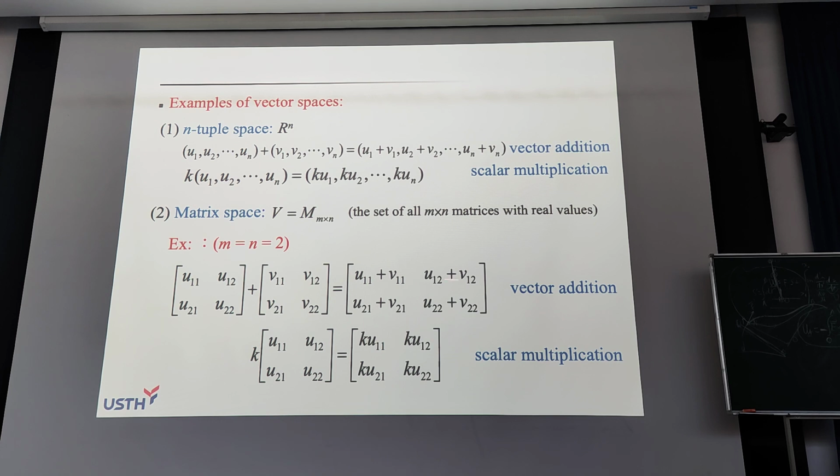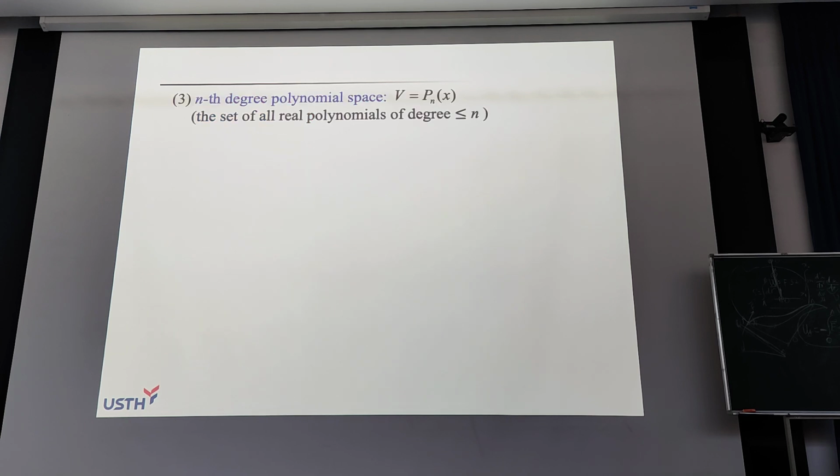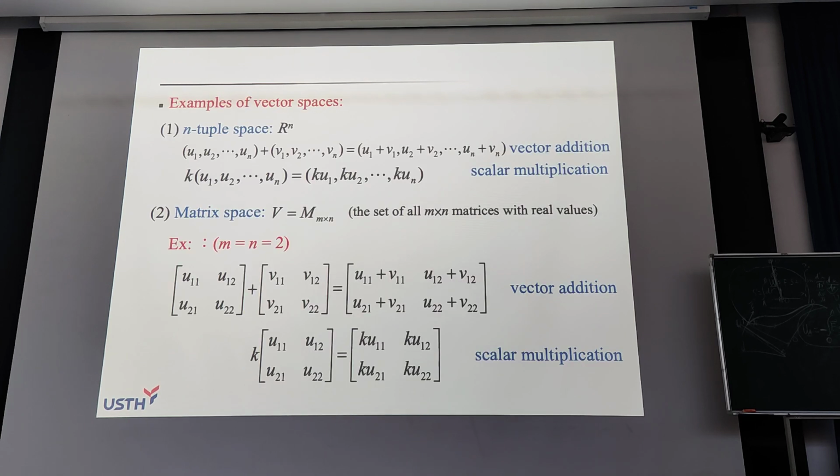We define the vector addition like that, and we define the scalar multiplication like that, and we can verify that the two operations satisfy the 10 properties of vector space. So now a matrix like that will be called a vector. Bây giờ một ma trận như thế này chúng ta cũng gọi là một vector, và các bạn thấy vector bây giờ không còn ý nghĩa hình học nữa.